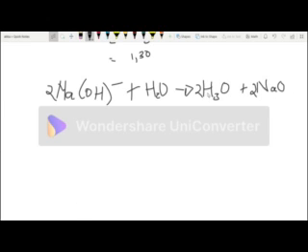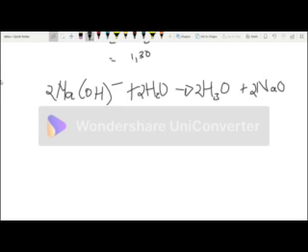This is 6, so this is going to give us 4. Then if we add a 2 here, we have 2 plus 2, which is 4. Here we have 2 plus 2, which is 4. Then for this one, it's going to be 2 plus 4, which is 6. Then this side already we have 6, then the sodium is 2, then it's balanced, right?